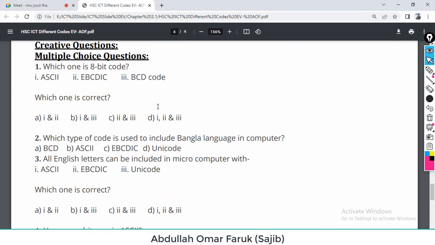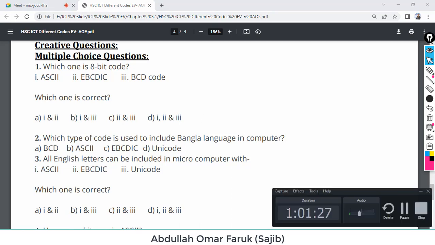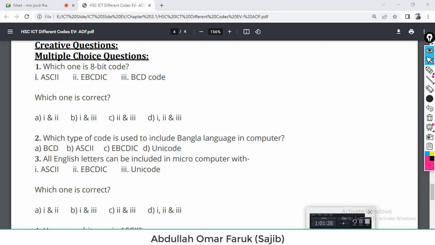Okay, tell me, which one is an 8-bit code? Answer me question number 1. BCD and EBCDIC. All of them. No, what about ASCII? ASCII is of 8 bits. EBCDIC is of 8 bits. But is BCD of 8 bits?